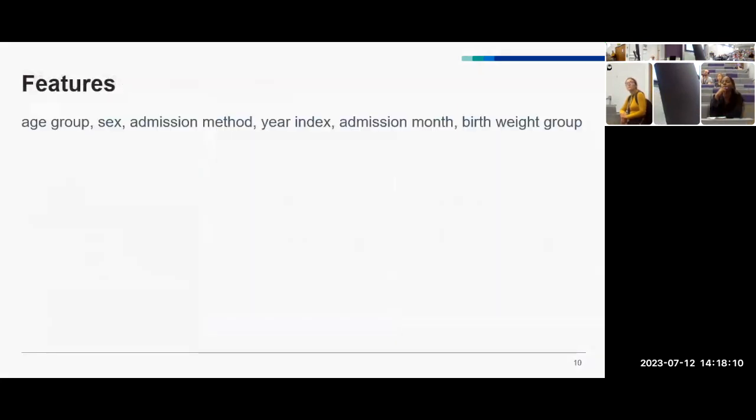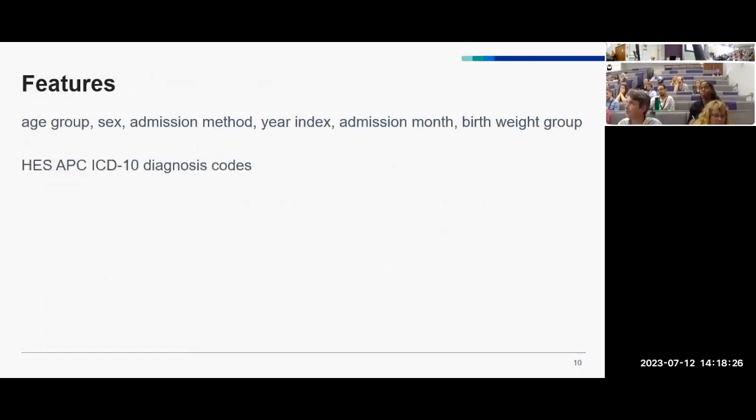The features I used were the same as what the SHINI uses, with one major difference: I removed the modified Charlson Index score, which SHINI uses to represent diagnostic information, and replaced it with a series of one-hot encoded groups. Just for context, apologies, I didn't mention that I used hospital episode specific admitted patient care data, which was linked to ONS data.